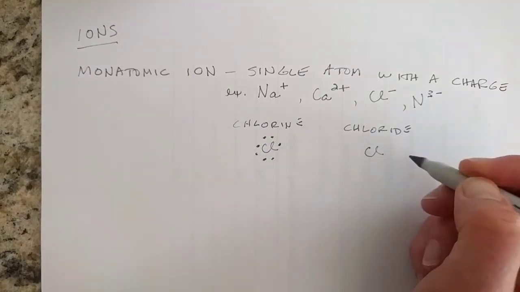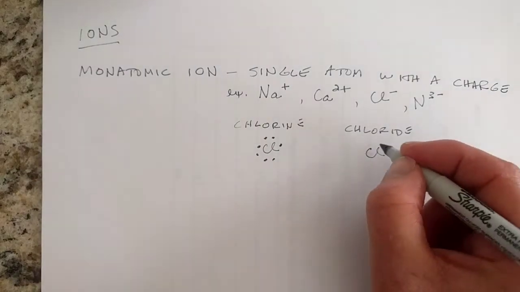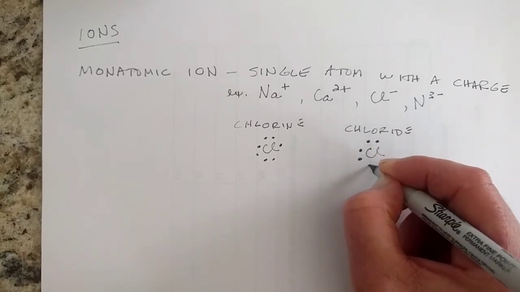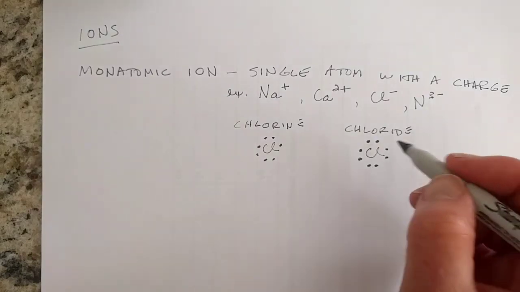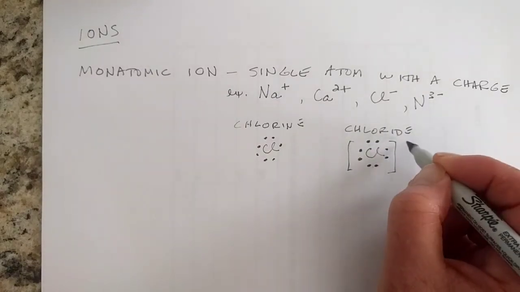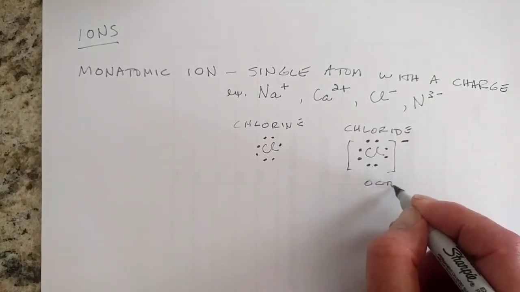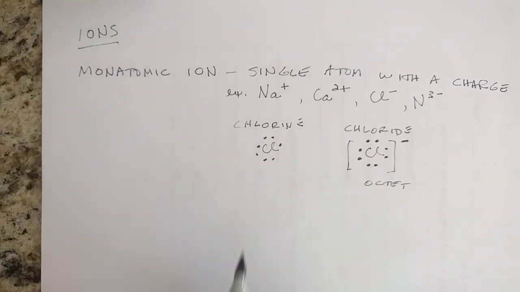The chloride ion, it has 7, it gains 1 to get the octet. So the chloride ion then has an electron dot structure that looks like this. And to show we have an ion, we usually put them in brackets and put the charge on the outside. So our chloride ion has the octet, but our chlorine atom does not. It only has 7 valence electrons.